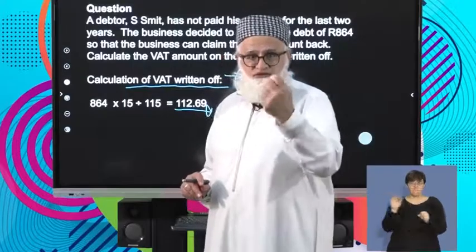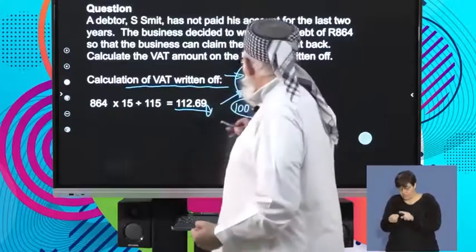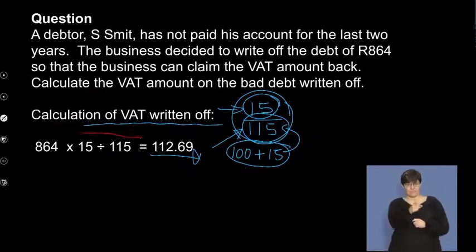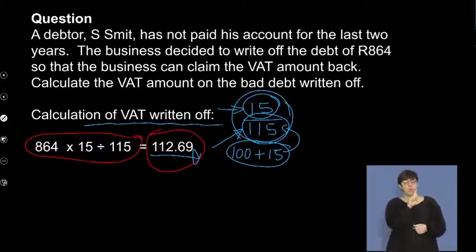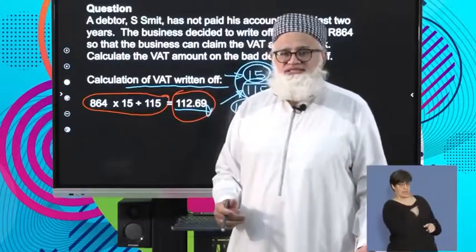You've got the total amount inclusive, you want to extract the VAT amount, therefore you take the 15 over the 115 like we did here. So your actual calculation was 864 times 15 divided by 115, to give you the VAT amount of 112.69. This tells you now that the VAT that you can claim back from SARS would be 112.69.